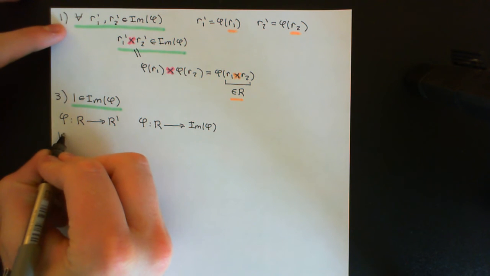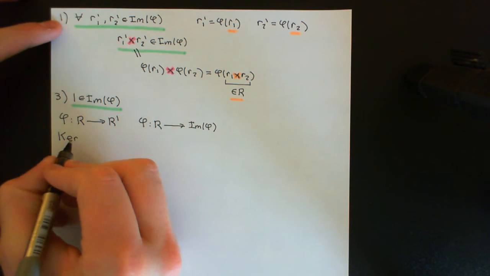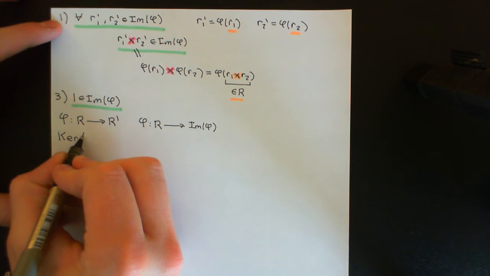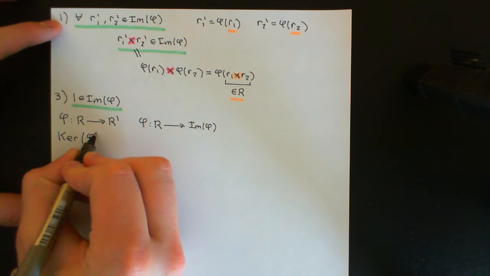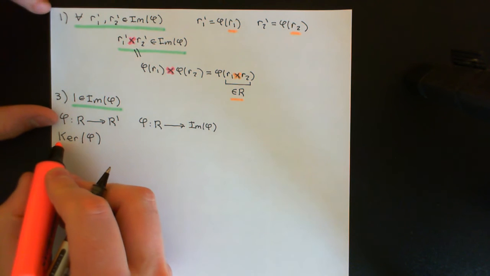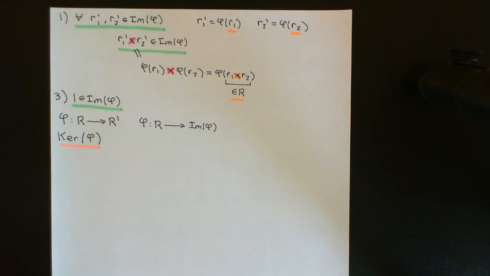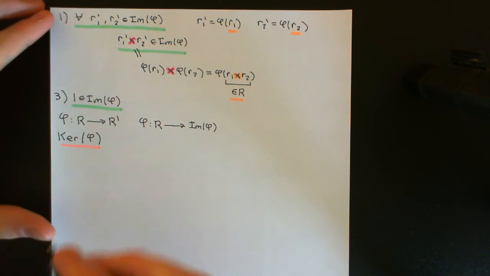The kernel of a homomorphism is something that we go through in a lot more detail in the video on ring homomorphisms and ideals, so I'm not going to go through it in as much detail as I did for the image of a homomorphism, but I will just remind you of what it is. The kernel of a homomorphism, denoted ker phi, is a subset of the domain ring rather than the codomain ring.